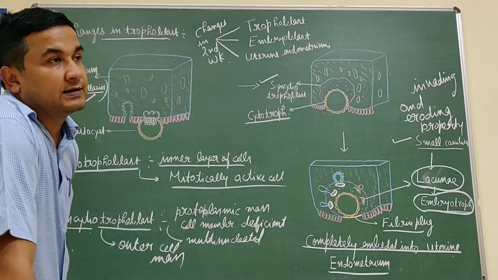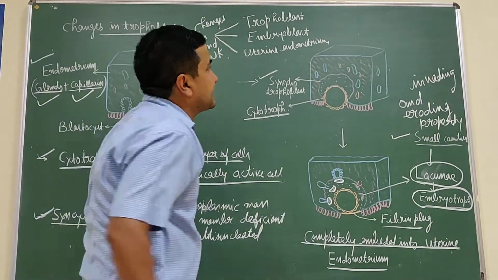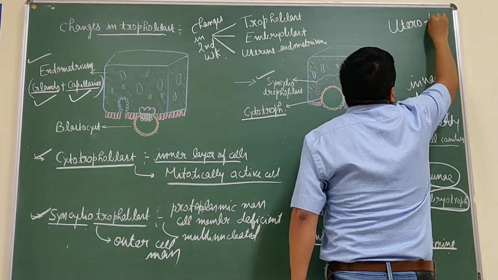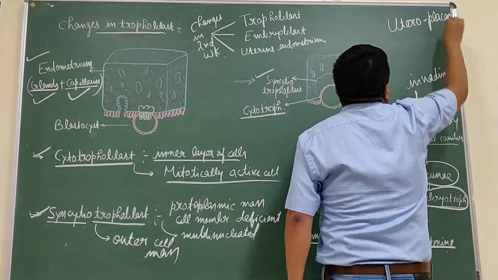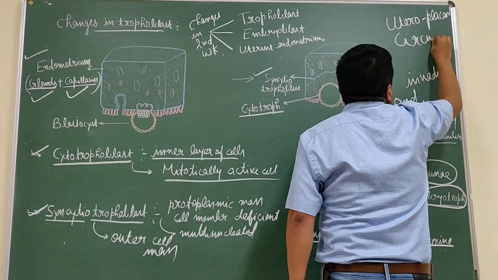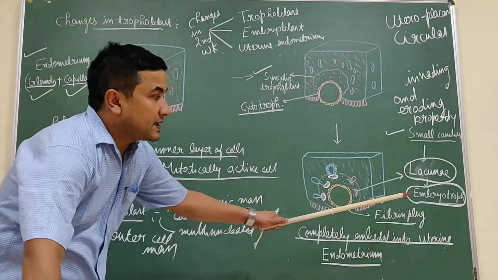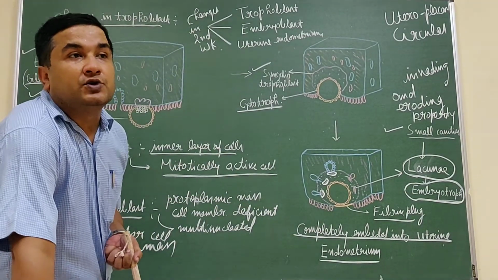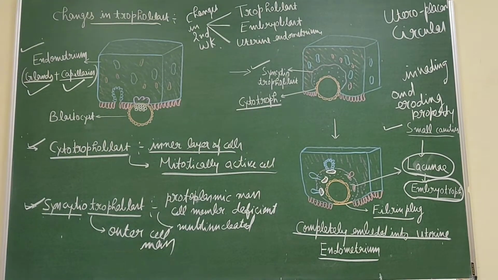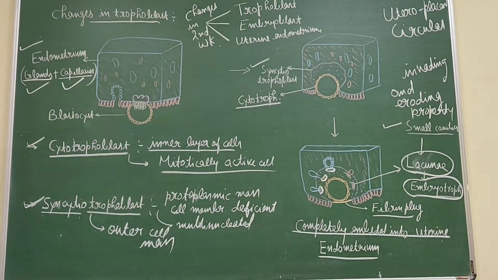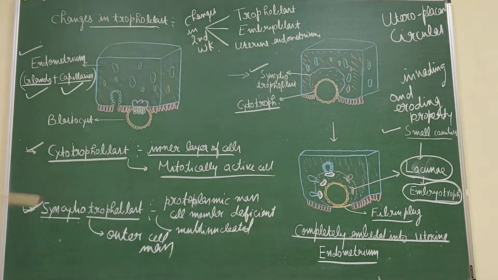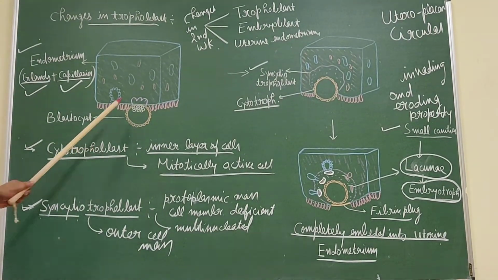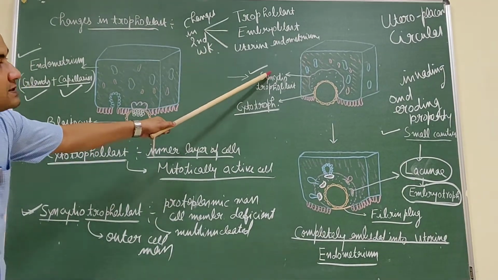Before establishment of the placental circulation, this embryotroph provides the nutrition to the developing embryo. So this trophoblast in the second week changes into the syncytiotrophoblast.